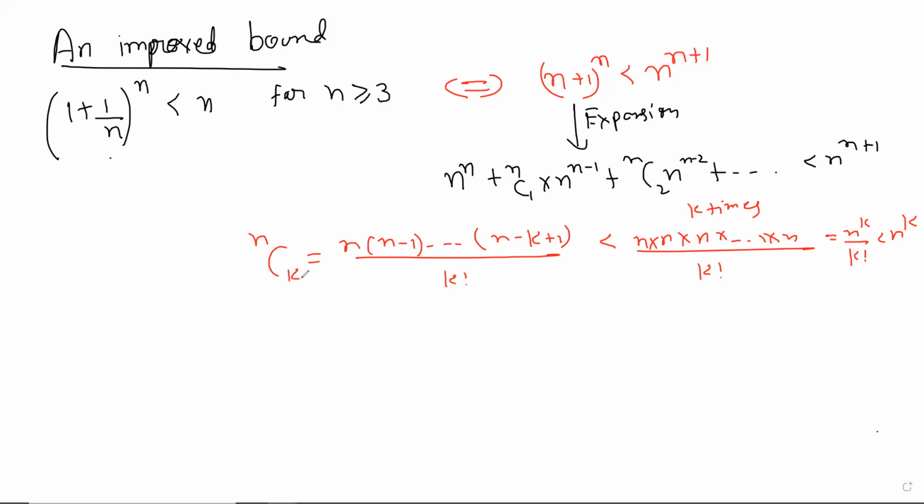Now that we know that n choose k is less than n to the power k, how can we use it here?